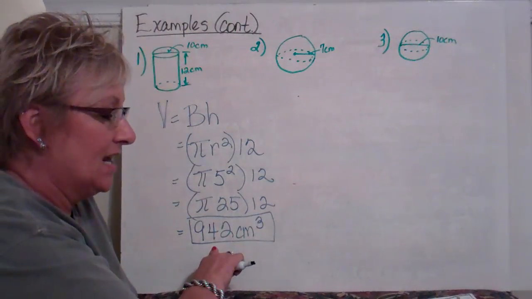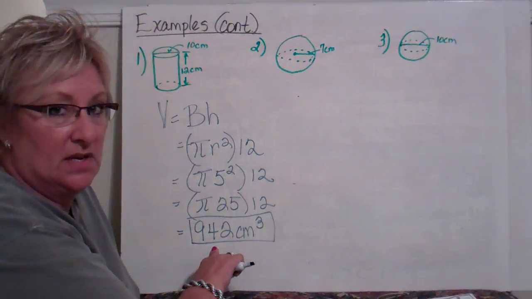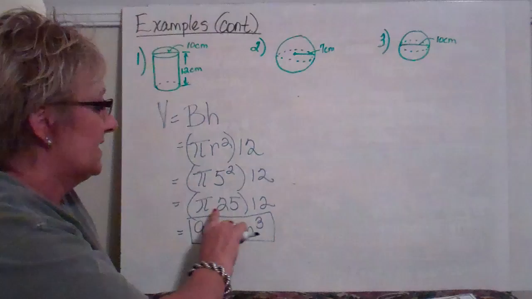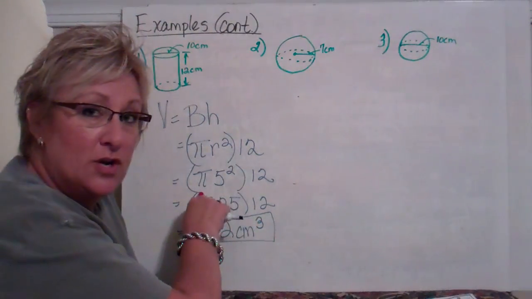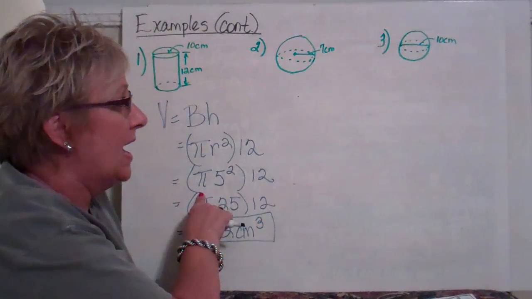So it's going to be 942 centimeters cubed when I multiply all that together. Again, don't forget we're using 3.14 for the pi.